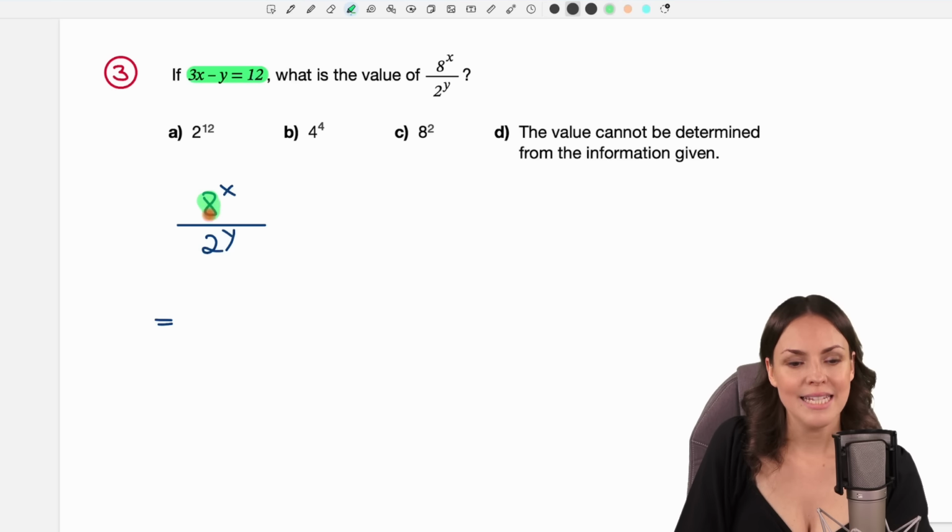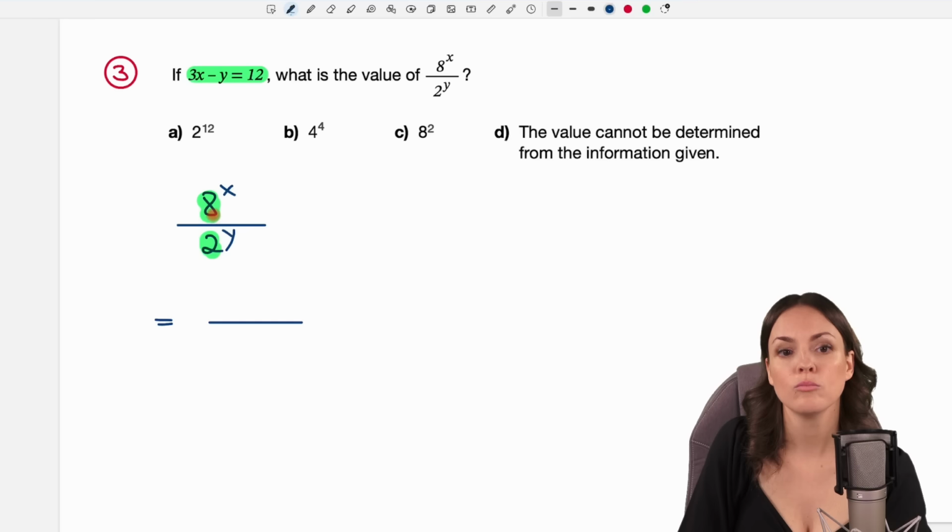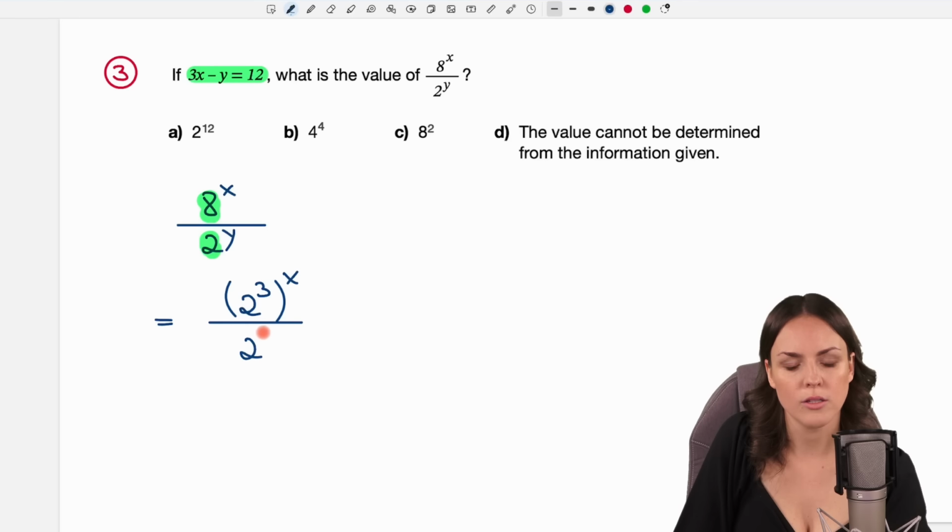We have the base 8 here, and here we have base 2. It would be great if we had the same base. So the 8, I can write that with base 2 as well. I can write the 8 as 2 to the power of 3. This is 8, and then I have to take all of this to the power of x, and here I stay with my 2 to the power of y.